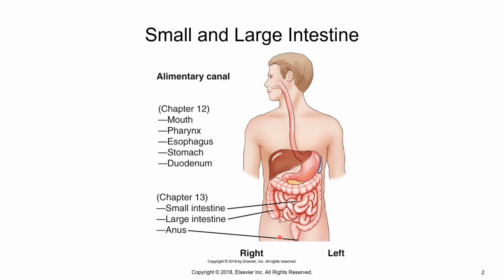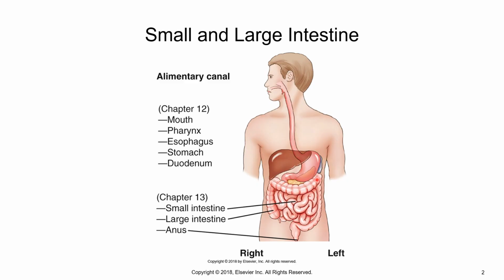We had referenced at that point in time that there are some differences between the small and the large intestine. Mainly, the small intestine has a smaller internal diameter compared to the large intestine. The small intestine is more centrally located in the abdomen, versus the large intestine tends to line the periphery or the outside of the abdomen.